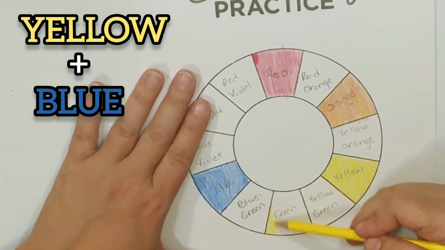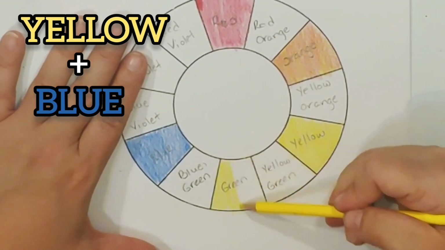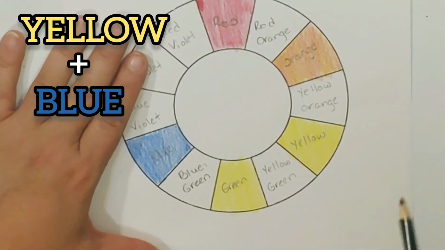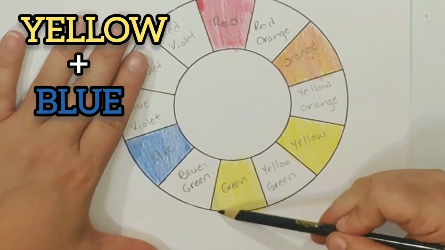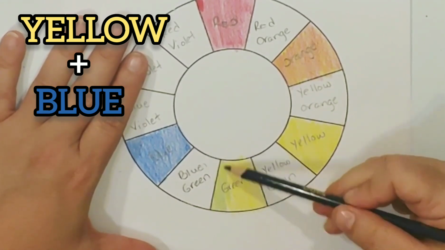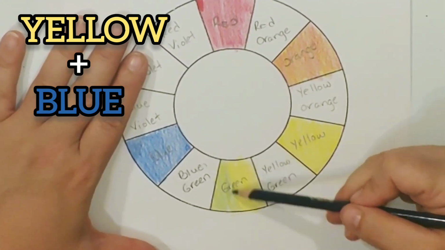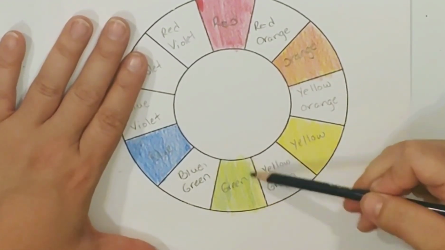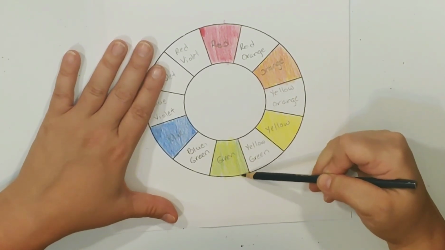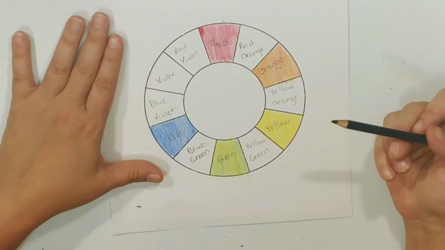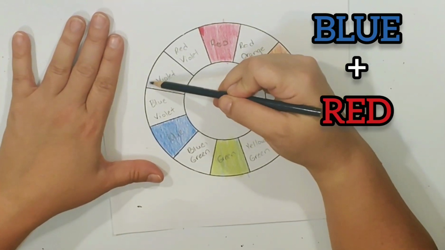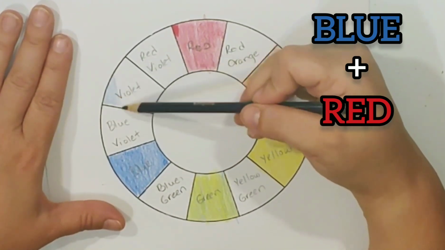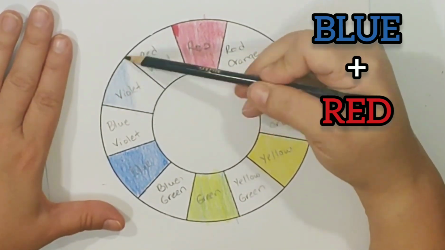We're going to start with yellow and then add blue. The last of our secondary colors will be violet. We're going to start with the color blue and then add the color red.